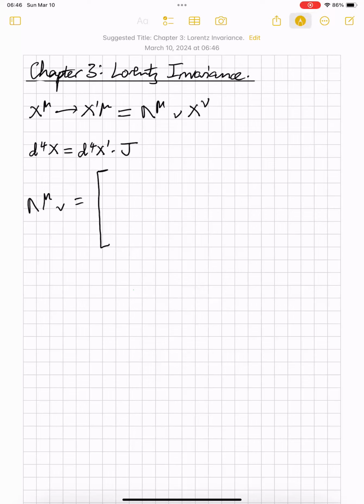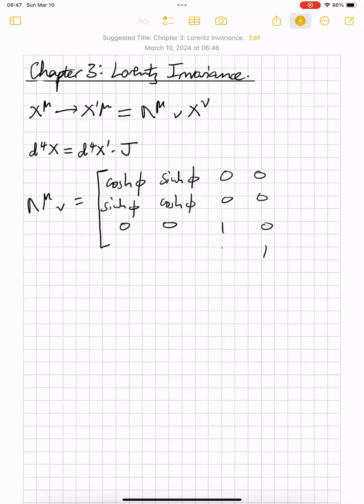I'm going to think about a boost along the x direction, okay? You can think about a much more general Lorentz transformation if you like, and the conclusion that we'll come to is very general. So if you work out the determinant of Λ, you'll be able to check that you end up getting cosh squared minus sinh squared, which is 1.